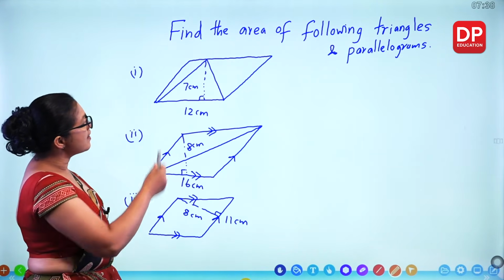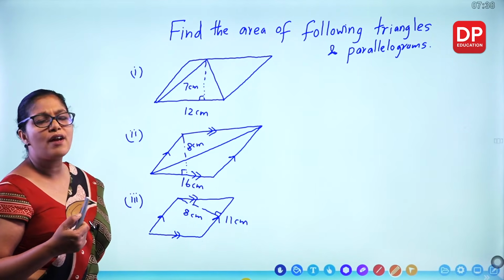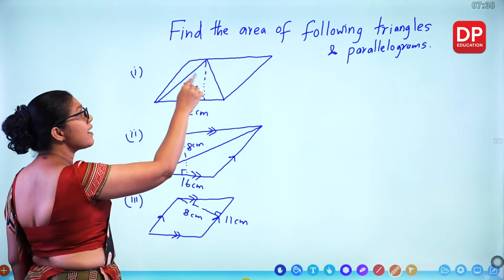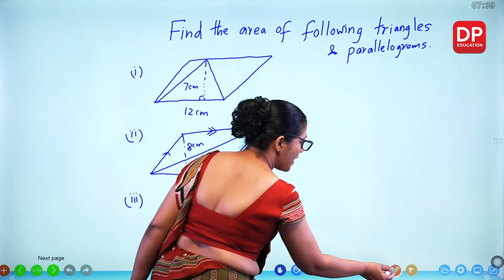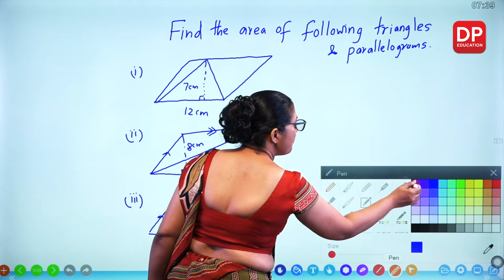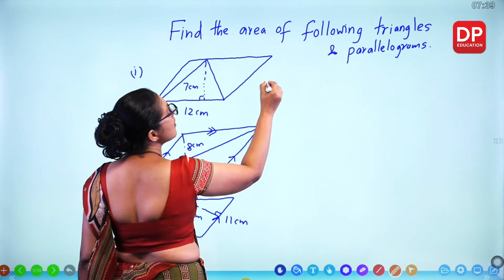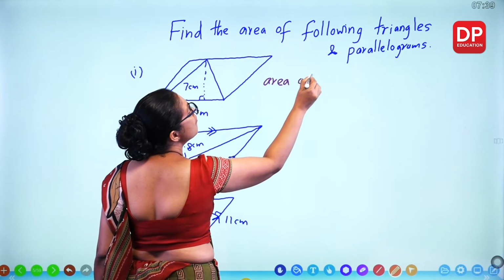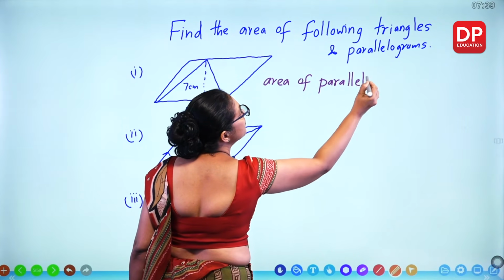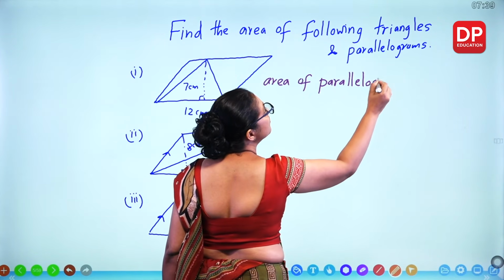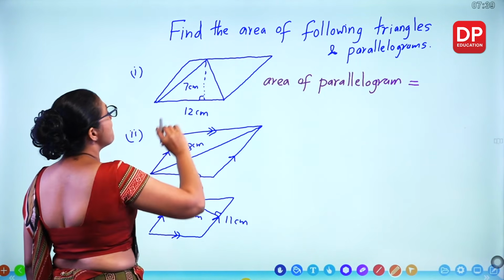Now, there are several diagrams and you are asked to find the area of the following triangles and parallelograms. Now, we'll try to find the area, and first we'll find the area of the parallelogram. What's the formula?